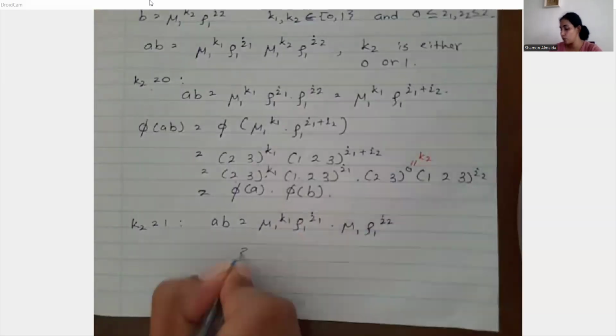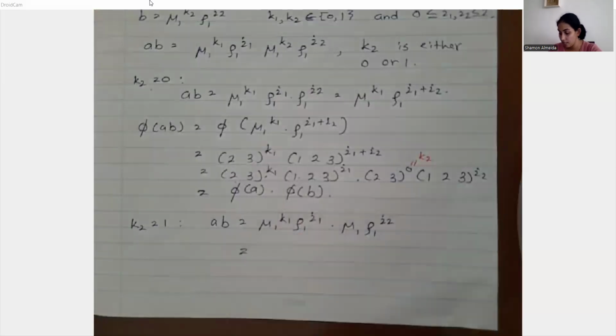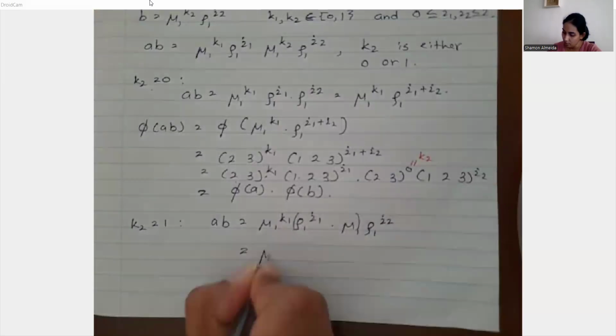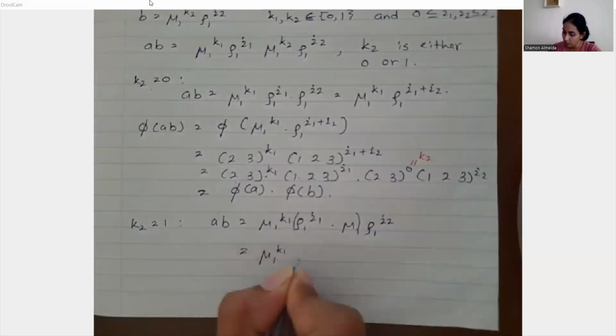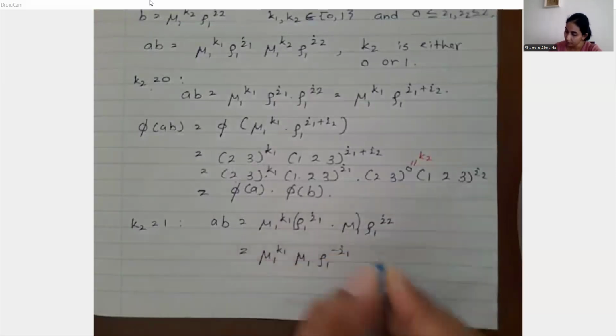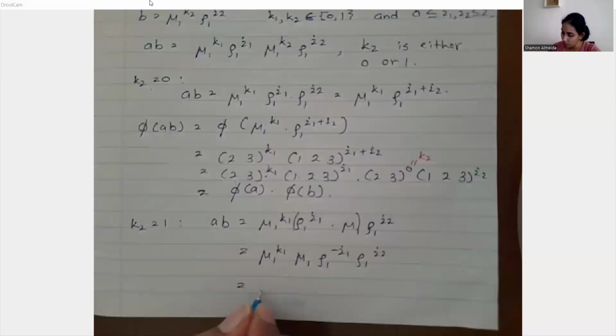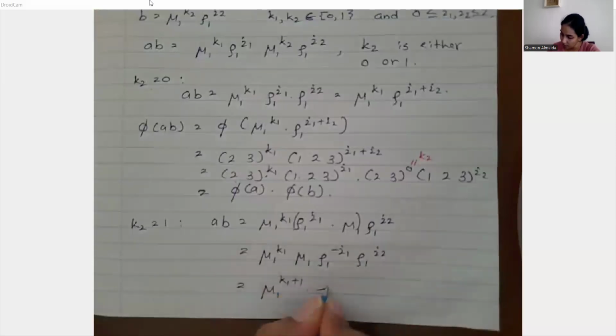Now what are we going to do? We will apply that relation to these two elements and write mu1 rho 1 negative I1 rho 1 I2. This is equal to mu1 K1 plus 1 times rho 1 negative I1 plus I2.